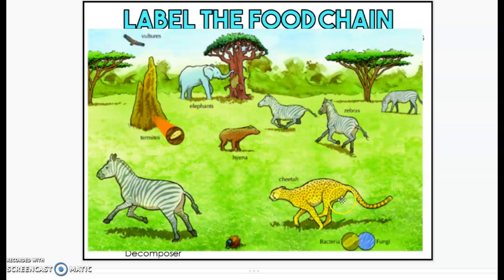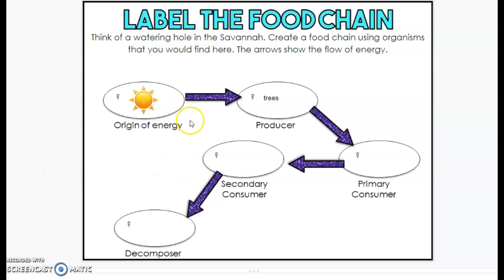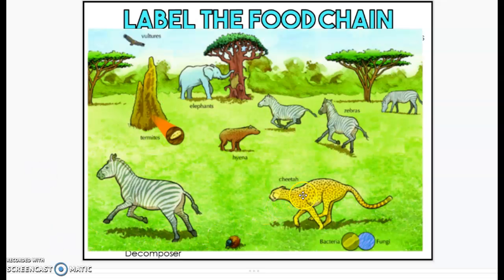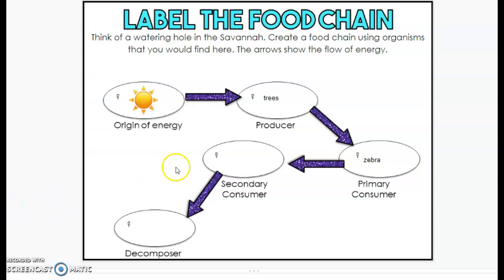I'm going to use zebras because I'm thinking that the cheetah is trying to eat the zebra. So type in zebra. And then for a secondary consumer, the cheetah would eat the zebra.